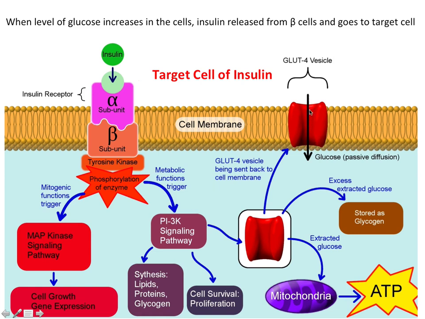Here you can see glucose molecules are entering through passive diffusion, and once these glucose molecules enter inside the target cell, they can be phosphorylated and utilized by glycolysis and Krebs cycle, and they generate energy, and excess glucose molecules can be stored as glycogen in the liver cell. So thus you can see how insulin can balance the glucose level in the cells.